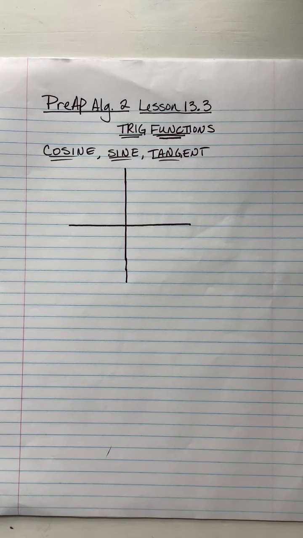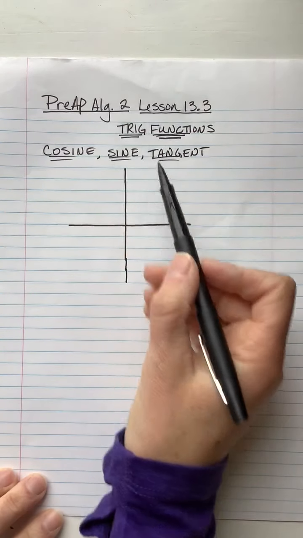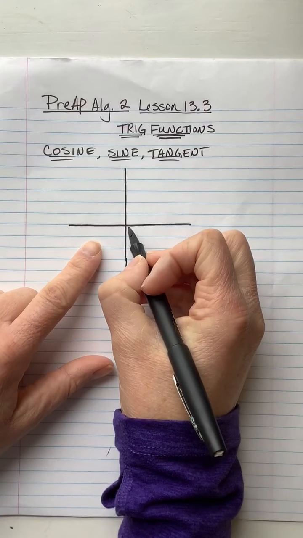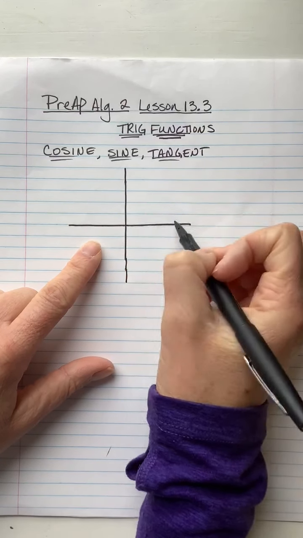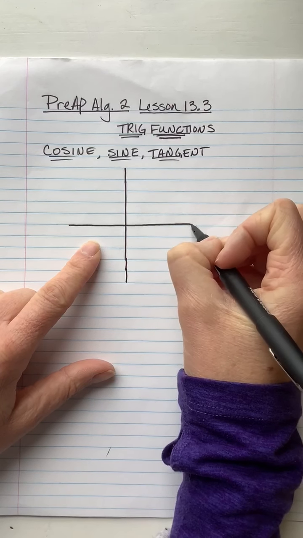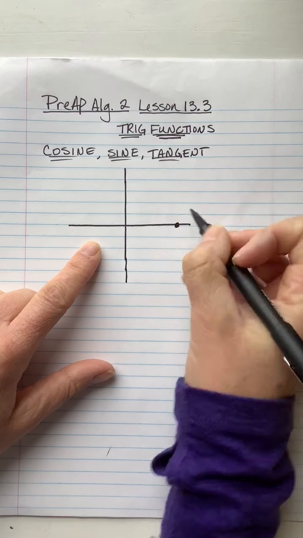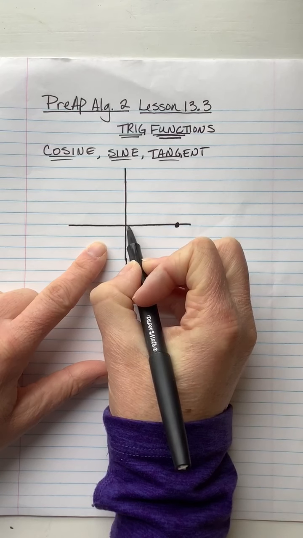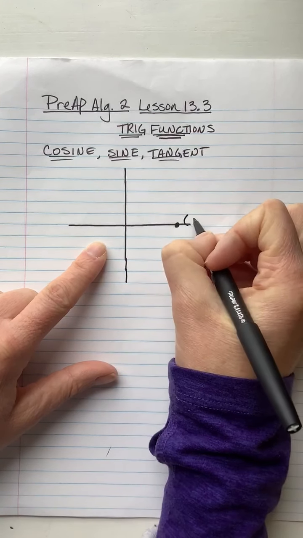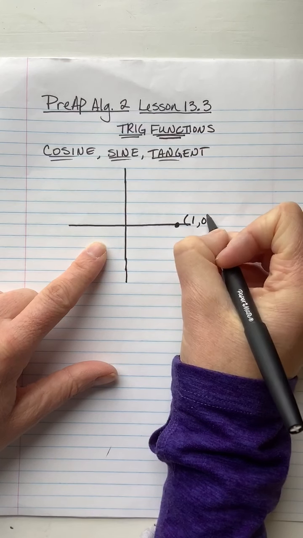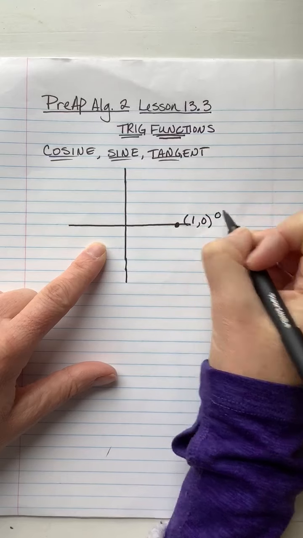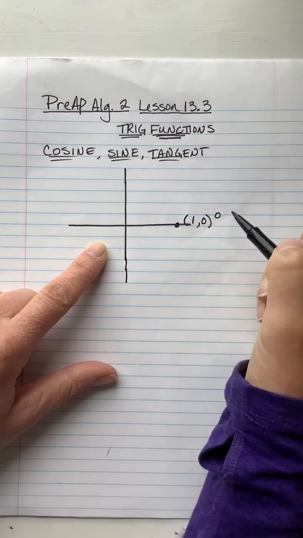So as we move forward here, we are going to go back to our unit circle. The key points that I'm going to start with, I'm mainly going to work within the first quadrant here. And let's just get our points down. If we are going to consider a radius of 1, hence the unit circle, this first point here at 0 degrees, 0 radians, is going to be 1, 0.